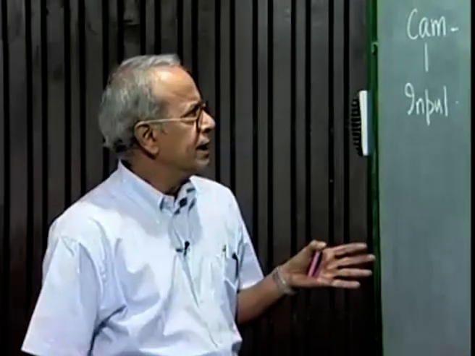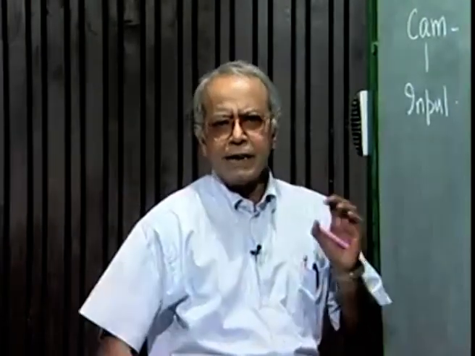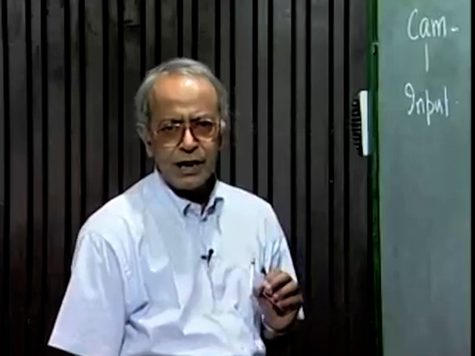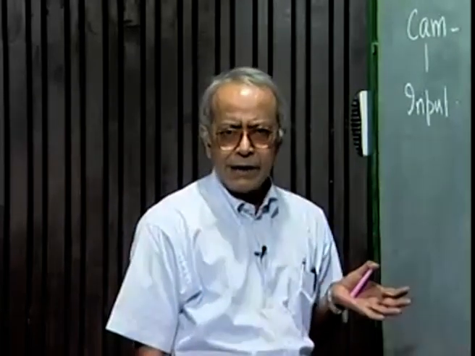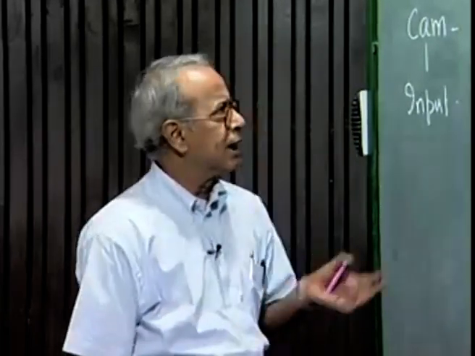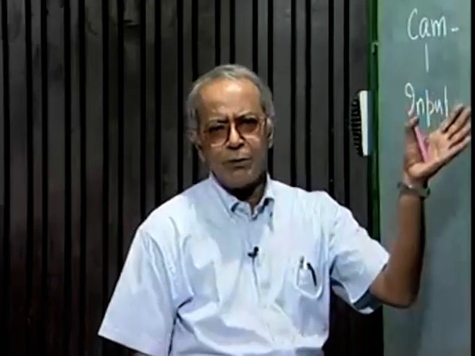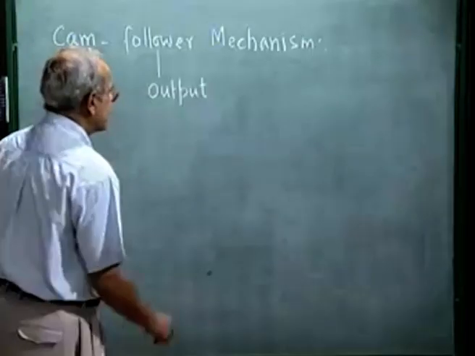As we shall see, this cam follower mechanism is nothing but an exact function generation. With linkages we had approximate function generators, but by using this cam follower mechanism we can have an exact function generator.